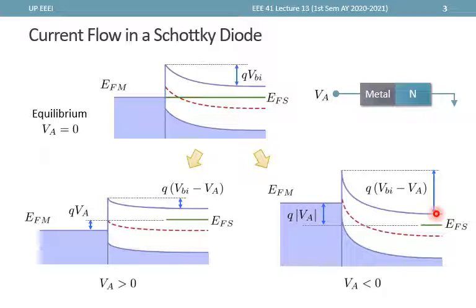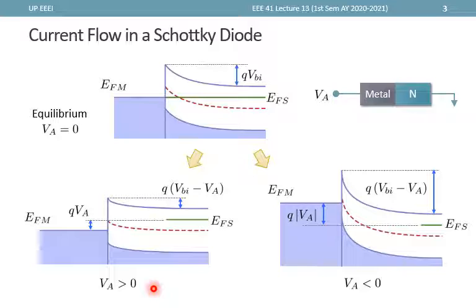So note that this time VA is a negative quantity and therefore this bending is larger than its equilibrium value. Now let's say we want to identify which one of these two cases is or can be considered as forward biased or reverse biased. We can actually identify that by looking at how the current flows.